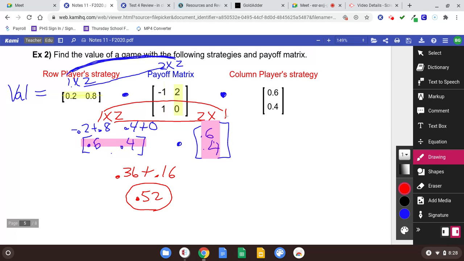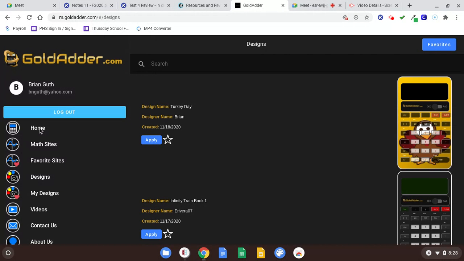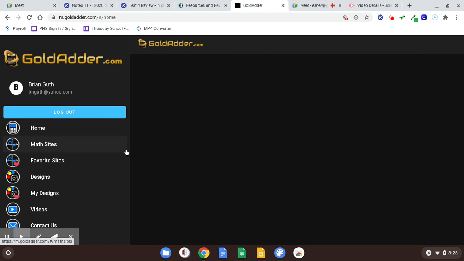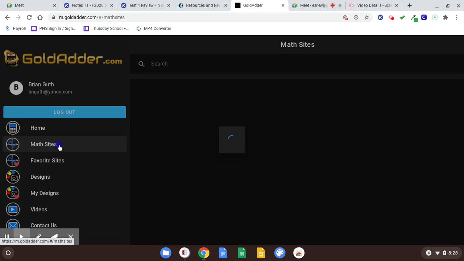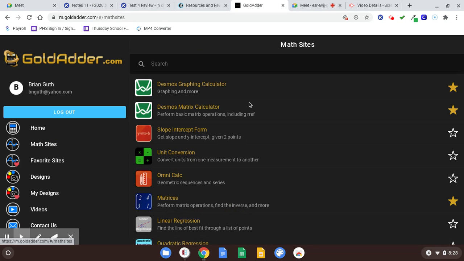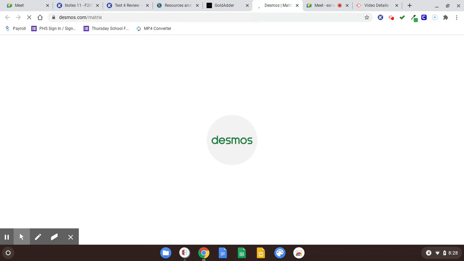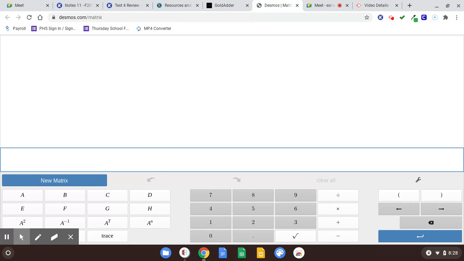Now, I want to show you something. I found a new matrix calculator that's kind of cool. We've used this one before, and this one's good, but I found a Desmos calculator that's pretty good for matrices.